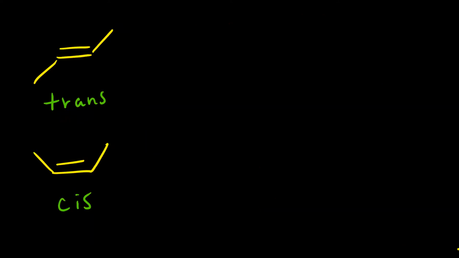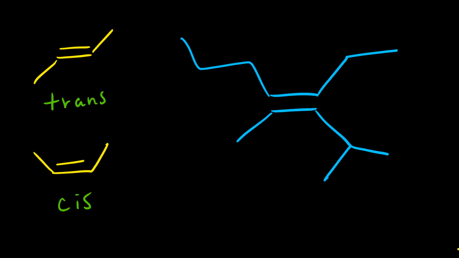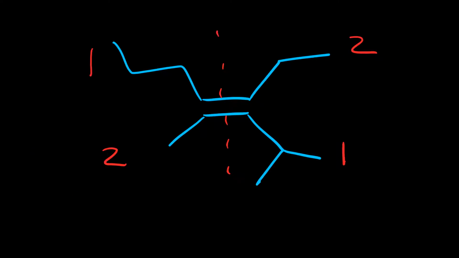You've already learned about cis and trans isomers of alkenes, but what you haven't learned about yet is a group like this, where you could not really say if this were cis or trans in nature. When you have an alkene with more than two R groups on it, you have to start using a different type of nomenclature.